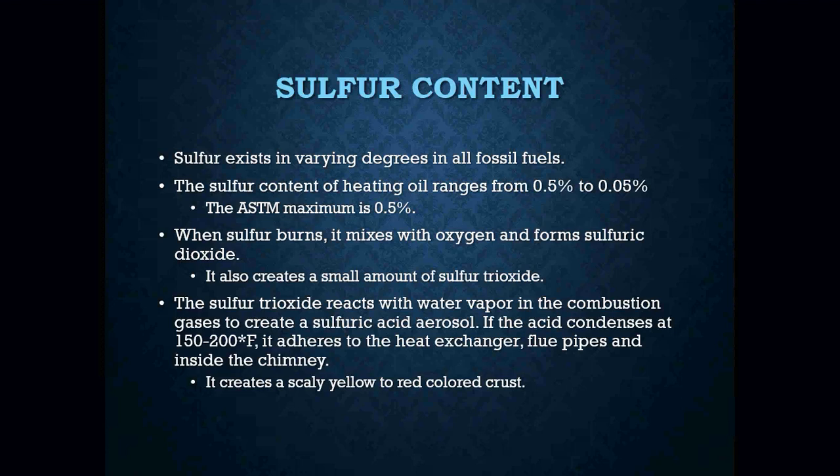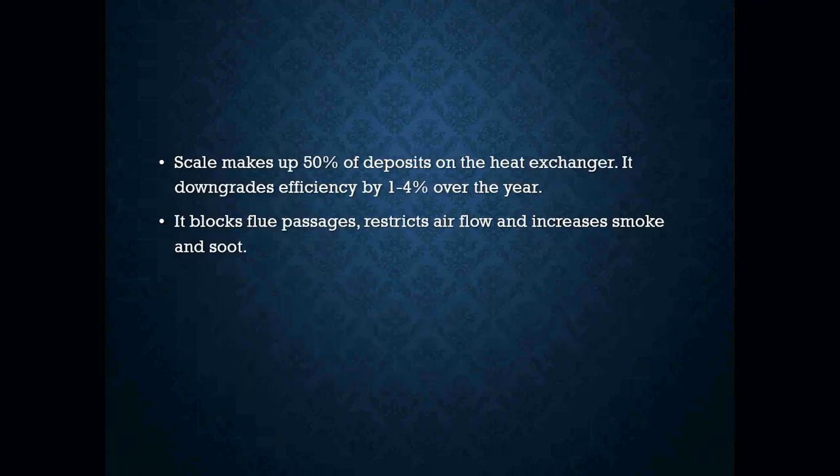That sulfur trioxide reacts with water vapor in the combustion gases to create a sulfuric acid aerosol. If the acid condenses at around 150 to maybe 200 degrees, it will adhere to your heat exchangers, your fuel pipes, and inside the chimney. It's going to create a scaly, yellowish-reddish looking crust, and that's usually a bad thing.